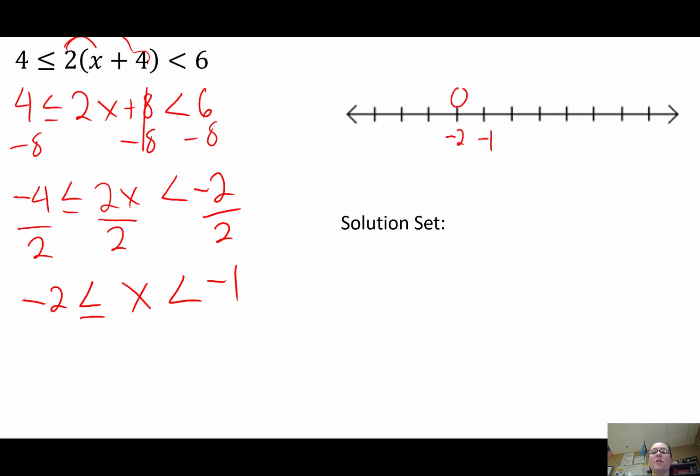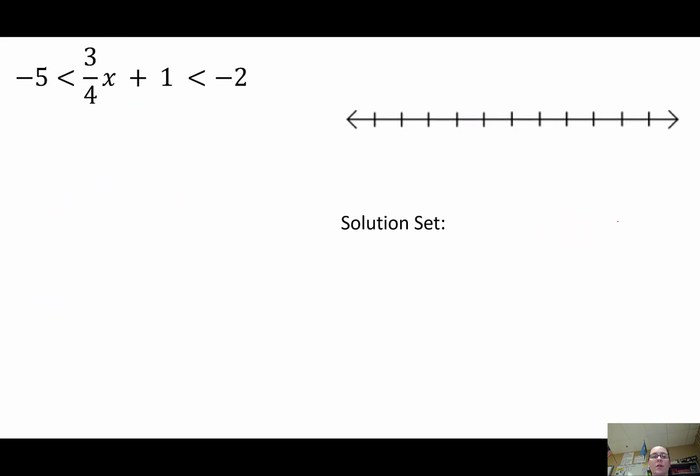So I'm going to have a closed circle at negative 2, an open circle at negative 1, and we're shading in between since it's an "and." And our solution set is negative 2 is less than or equal to x, less than negative 1. So only numbers that are between these two are going to be our solutions.